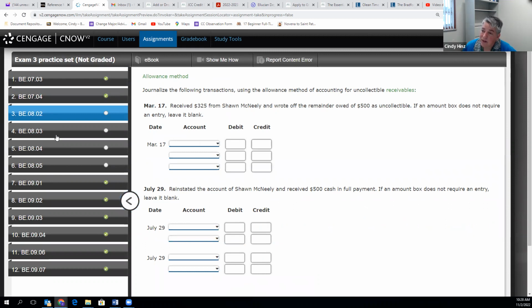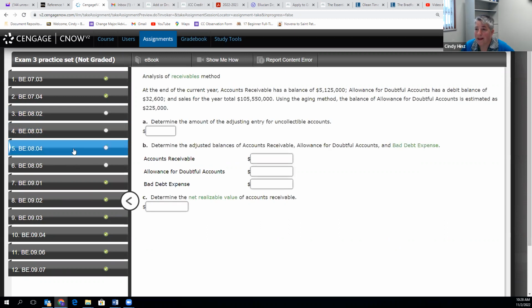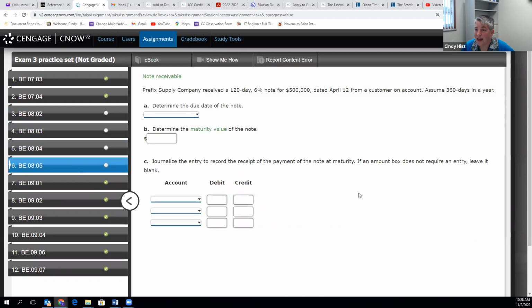There are exercises using the balance sheet approach. There are exercises using the income statement approach. There are exercises for writing off a journal entry, writing off an uncollectible account. And then finally, the last one is for notes receivable.